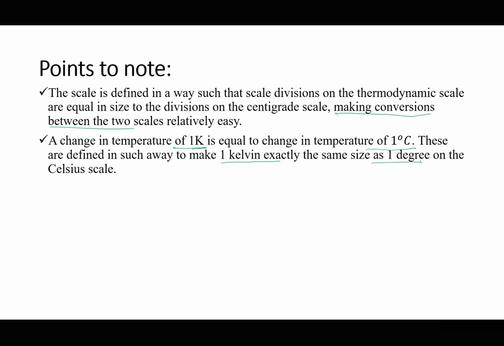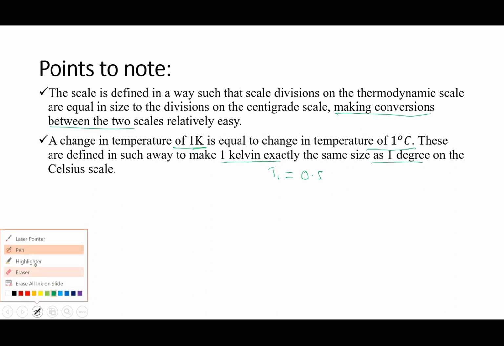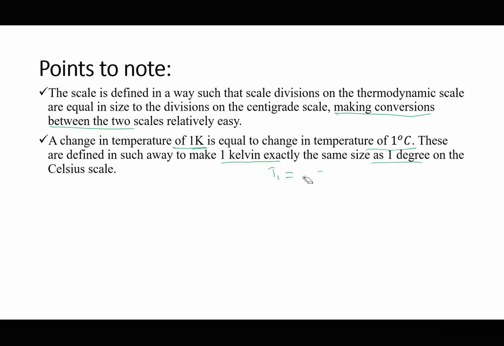Let me give a simple example, though it is not the right time to give this example. Let's say the temperature T1 of a room is actually 0.5, not a room. The room cannot be at 0.5 unless it is in those countries which experience winter. So let's say T1 is 10 degrees Celsius and T2 is 20 degrees Celsius.